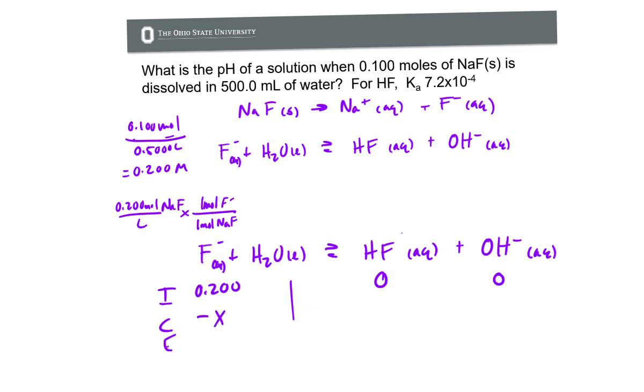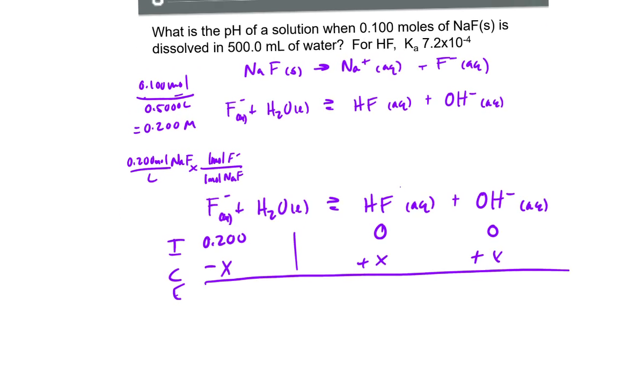So just as we would previously, we're going to do minus some value x of F minus, plus x for HF, and plus x for OH minus. So then at equilibrium, we're going to have 0.2 minus x for F minus, x moles per liter for HF, and x moles per liter for OH minus.